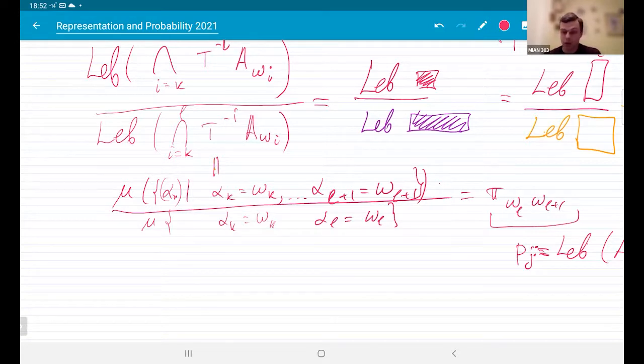This was an exact proof. Next time we will discuss the central limit theorem for Markov chains. And today I want to have a short glance at what hyperbolic dynamics is.